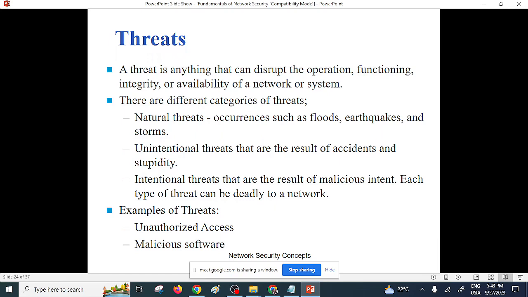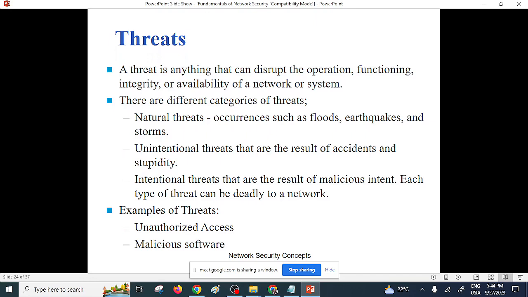But yes, you can have very nice procedures to counter these problems. You don't need to wait for a rainy season such as this to know that your devices or your routers are within the first floor, the basement. Again, we have unintentional threats, acts that you can associate with stupidity, laziness, carelessness.